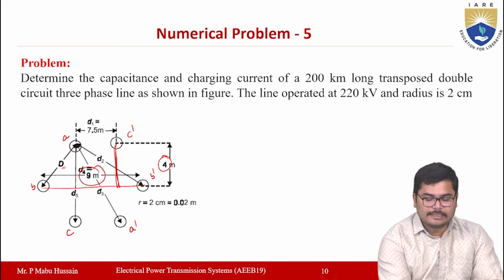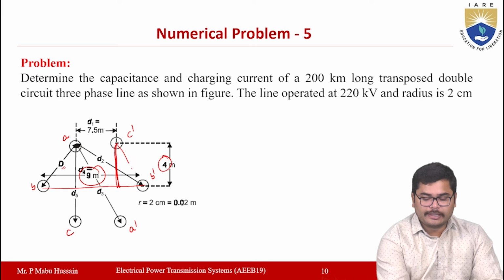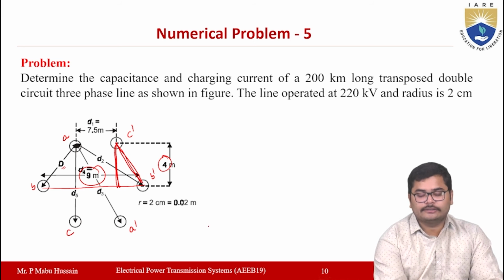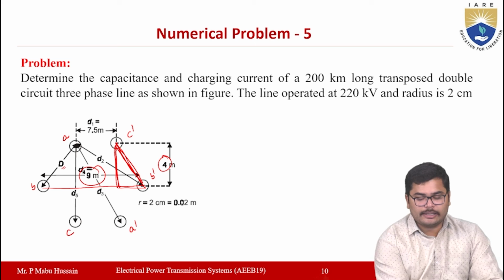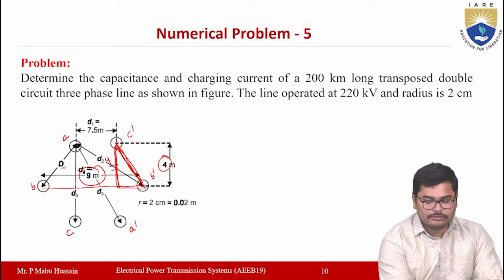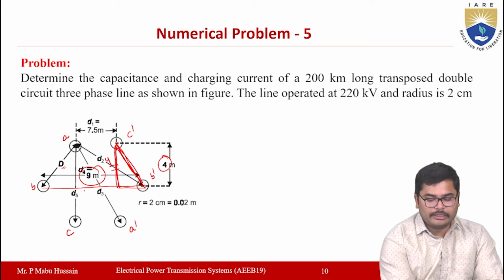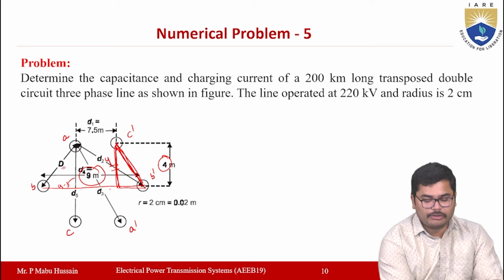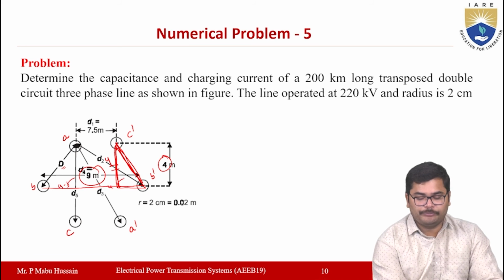Then what is this distance? You have to calculate it by considering this right-angled triangle. This value is 4, and half of the value, 4.5, so this is also 4.5 here.